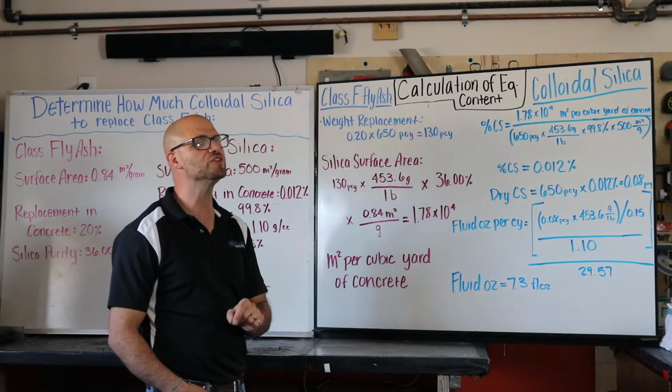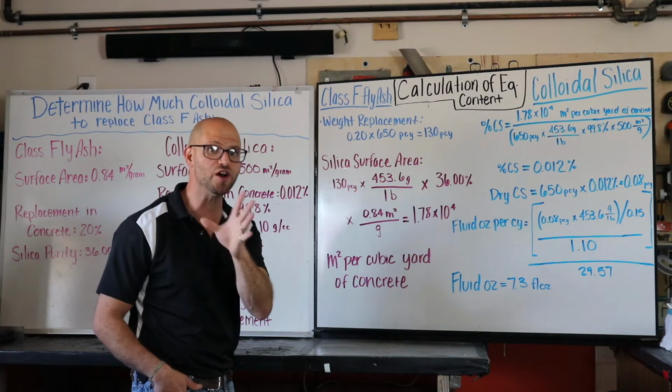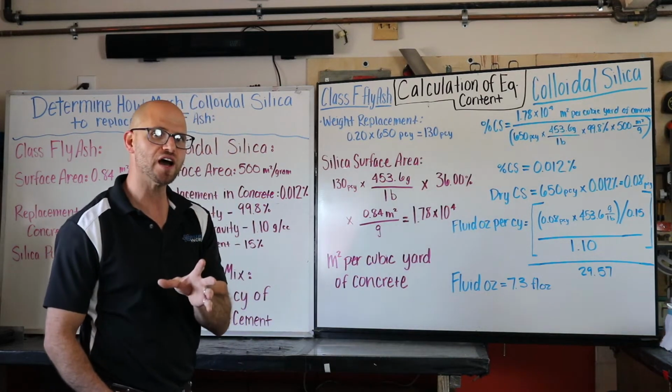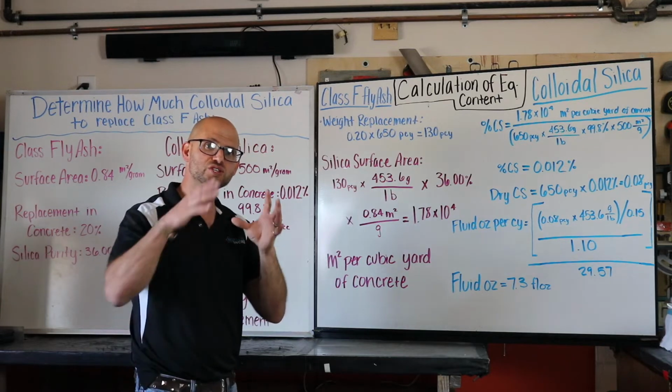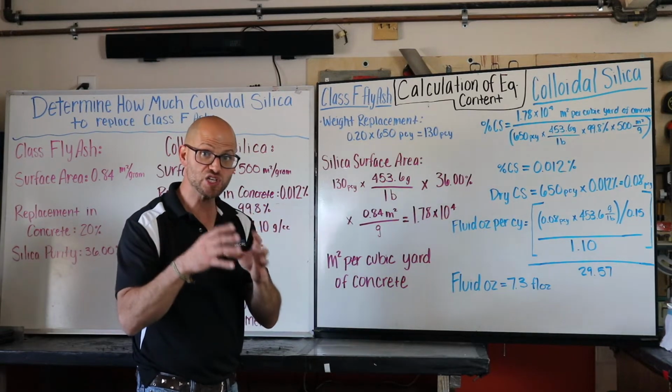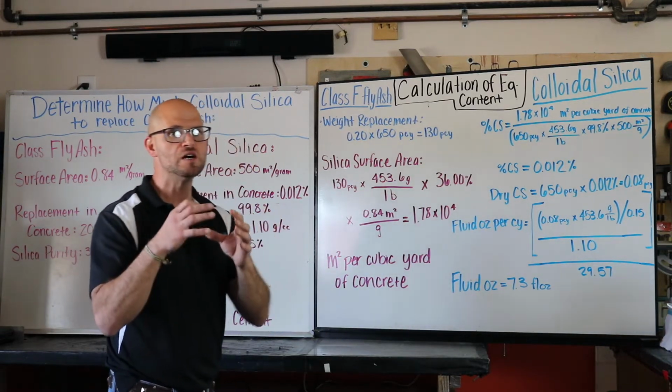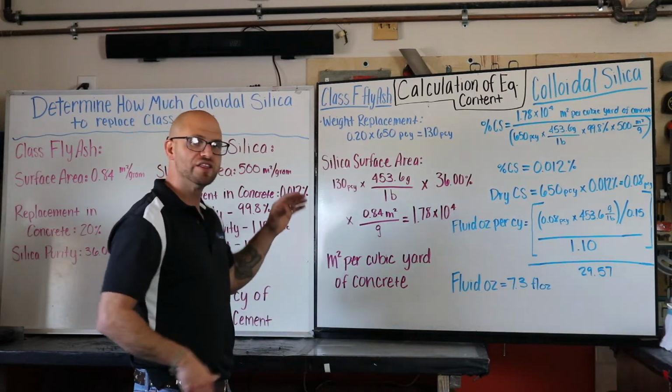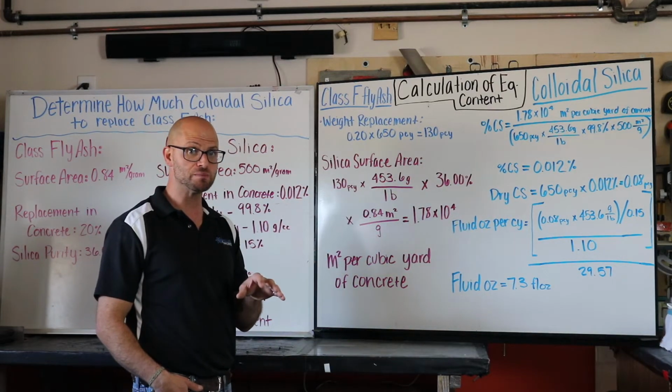What we're trying to identify is the amount of surface area that our fly ash brings, or instantaneous pozzolanic or silica surface area that our fly ash brings to the concrete mix.